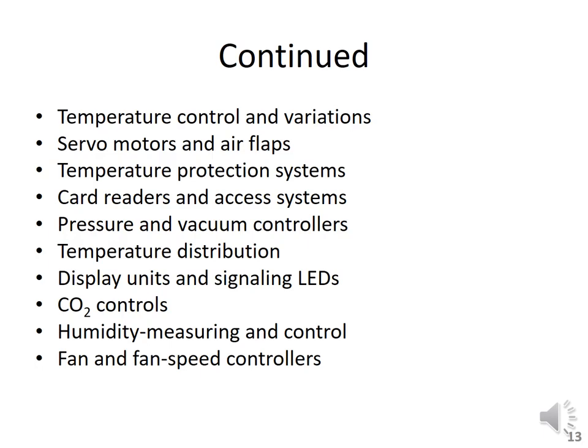So the temperature control in that environment during the operation and the possible variations, these should be checked and these should be managed. Okay, and then the second point is servo motors and the air flaps. These are the relevant helping aids कह लें आप इसको, या machinery कह लें इसको, helping machinery कह लें, with reference to the equipment. Okay, temperature protection systems. This is important. If temperature is varying in wide range, then the temperature protection system is important.